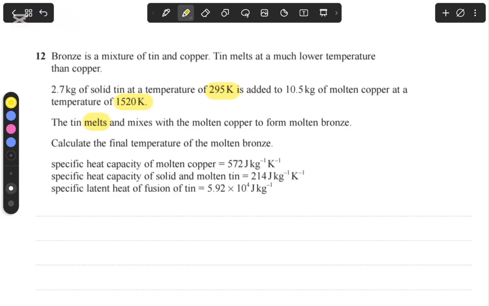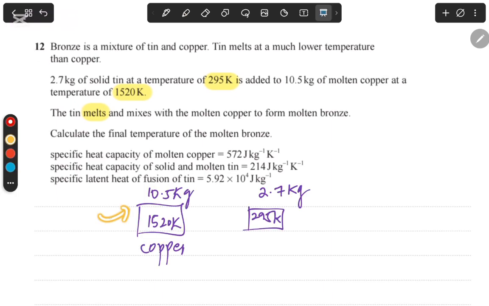And they've given you the specific heat capacity of molten copper, the specific heat capacity of solid and molten tin, and they've given you the specific latent heat of fusion of tin. So we have copper at a temperature of this much, and then we have the mass given, and what's going to be happening is energy is going to be going from copper to the tin.